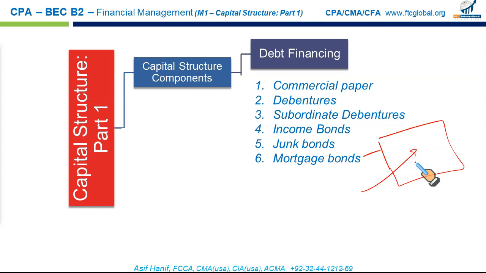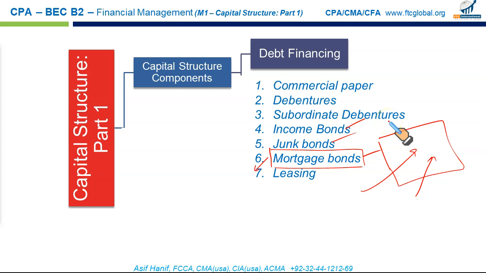If there is any default by the firm in making interest payments, then the trustee, under the indenture, is required to foreclose the property, liquidate the asset and distribute the money amongst the mortgage bond holders. Since mortgage bond holders face less risk because of the property backing them, the return on these will be much lower than the income bonds or junk bonds.